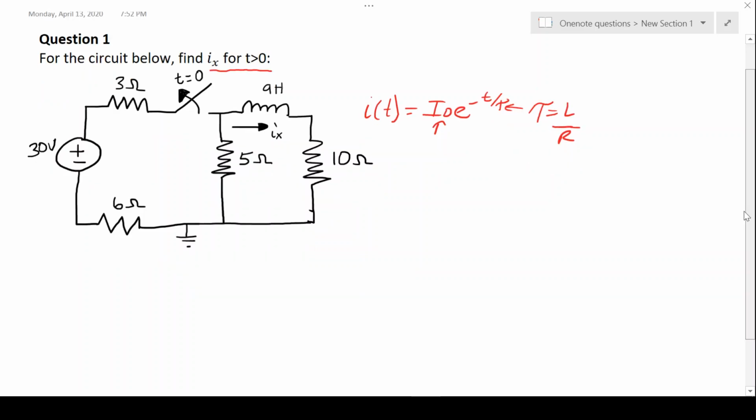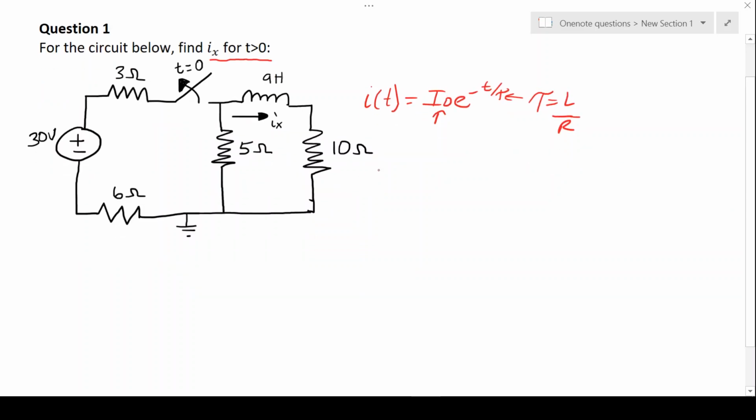Alright, so let's start off with the initial current. So when time t equals 0 negative, what happens? We know that the circuit is still active. In other words, the source is still connected.